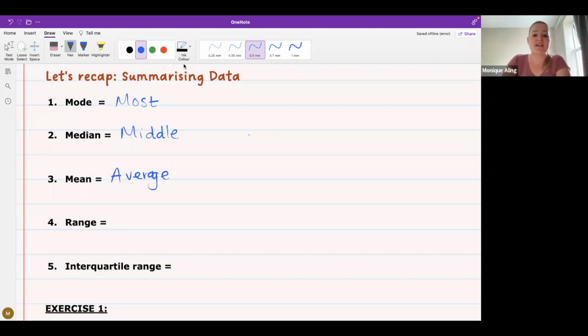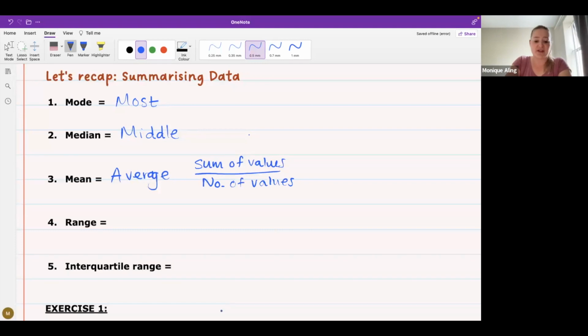Addition of all the numbers in the data set divided by the total number of the values. Very good. So just to remind you, sum of values divided by number of values. So if you're adding up 10 numbers, you're going to divide by 10.